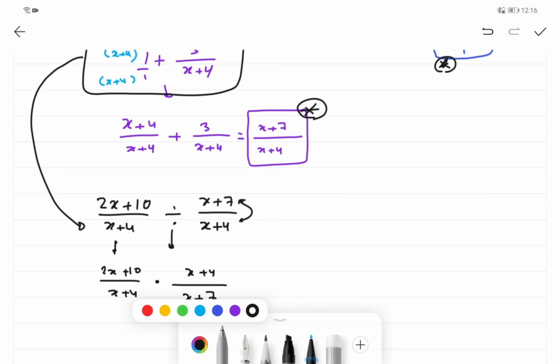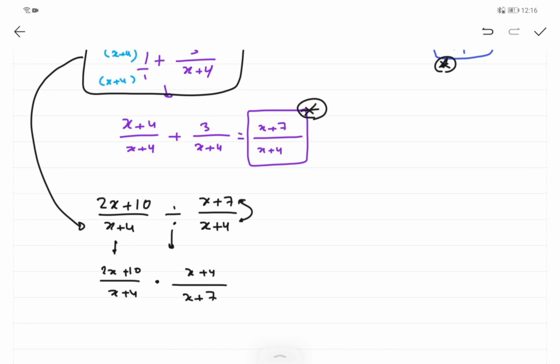Now since the operation here is multiplication, we need to cancel or simplify by dividing any common factor from the top and from the bottom. But before that, just to make sure that this is factorized, take 2 as a common factor, becomes 2 times (x plus 4). But unfortunately we have no x plus 4 in the denominator, so no need to do this step.